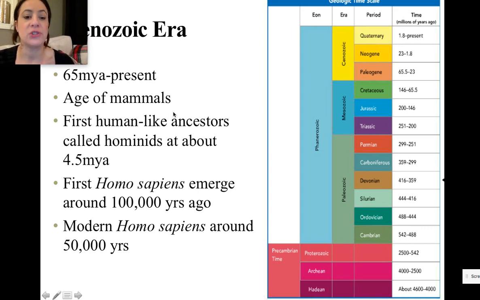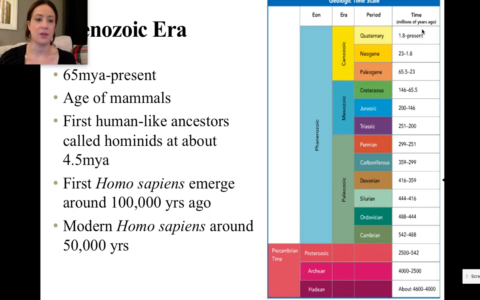We have our first human-like ancestors, called hominids, at about 4.5 million years ago. The first Homo sapiens would emerge around 100,000 years ago, and modern Homo sapiens around 50,000 years ago. So here's the Cenozoic era. You can read articles that we are arguably in a sixth mass extinction event right now caused by humans.